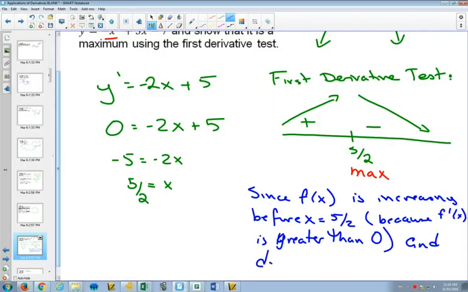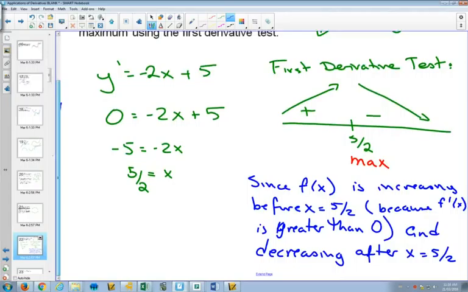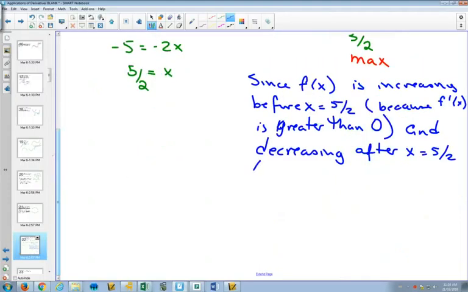And decreasing after x equals 5 over 2. And of course, we know that because f prime of x is less than 0 after x equals 5 over 2.